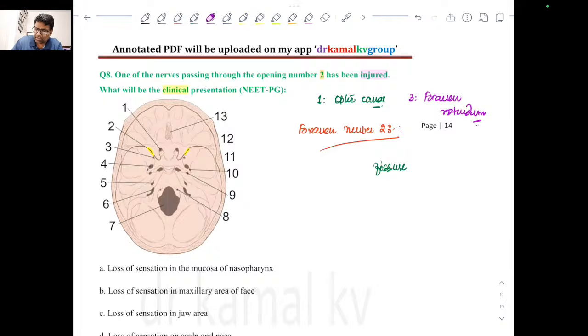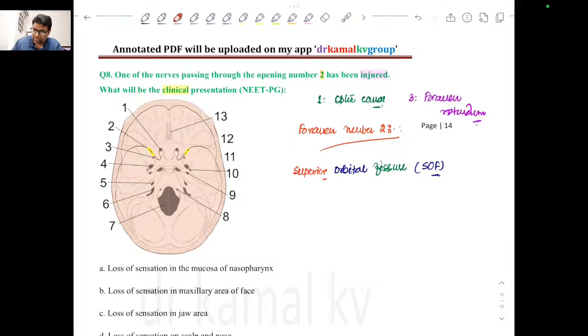So the contents are going to the orbit. So what I'll write here? Orbital. Right? Now if we look at the orbit, this fissure is on the upper side. So I'll call it superior orbital fissure. Clear? So what is the name of this particular opening? This is superior orbital fissure. Okay. Now we have identified the foramen.